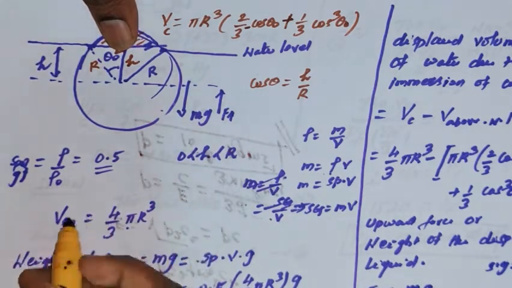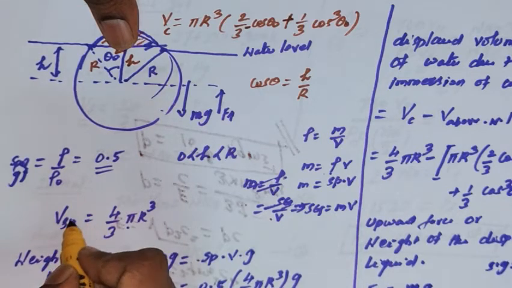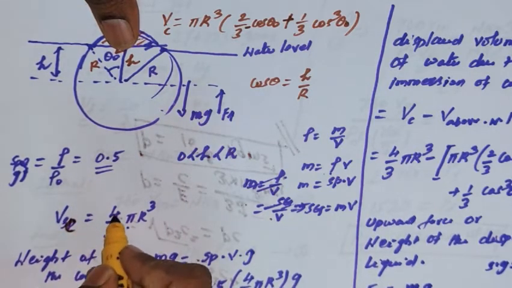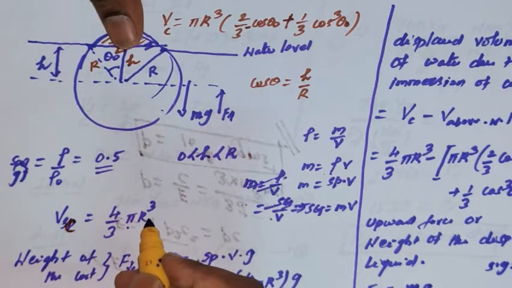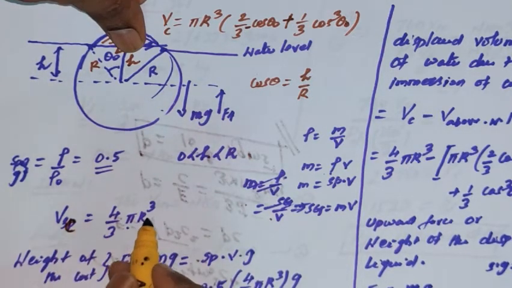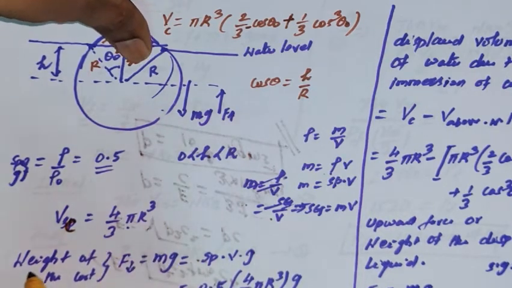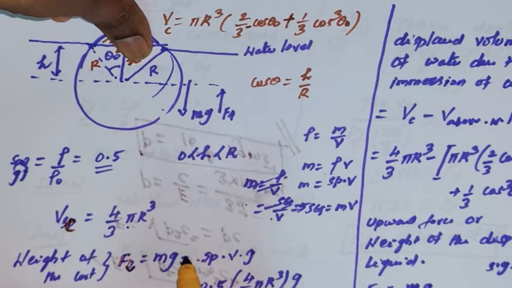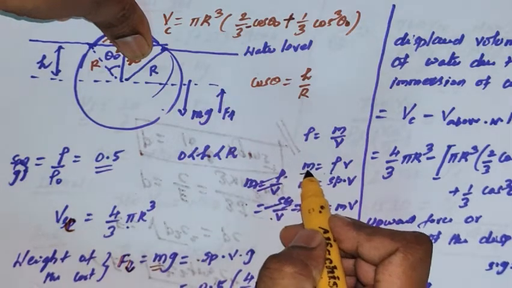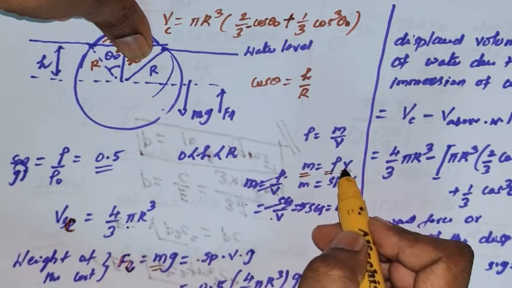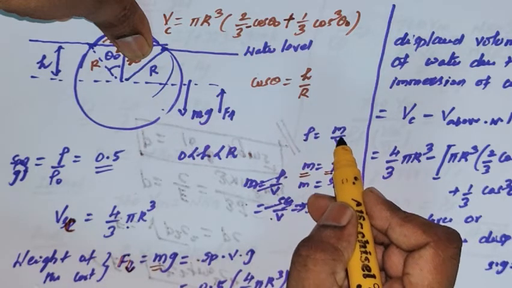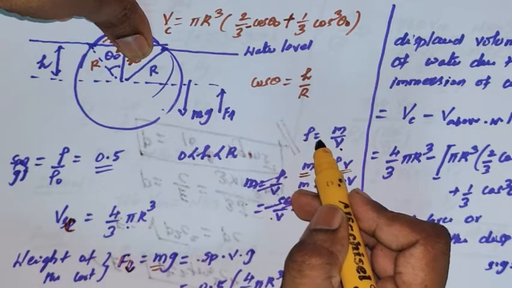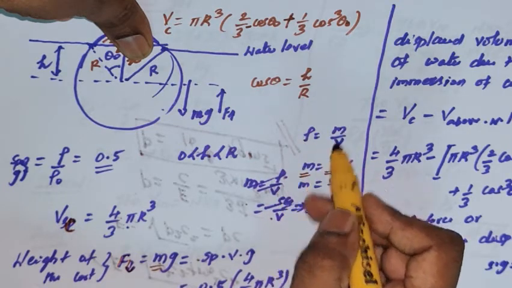We want to calculate the volume of the cork. You can define it as Vc. The volume of the cork is equal to 4/3 πR³. Hence the weight of the cork, the downward force acting on the cork, is equal to mg. We can write mass in terms of density times volume, because we know density equals mass per volume. If I rearrange, volume times density equals mass.